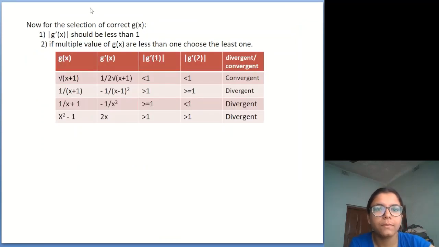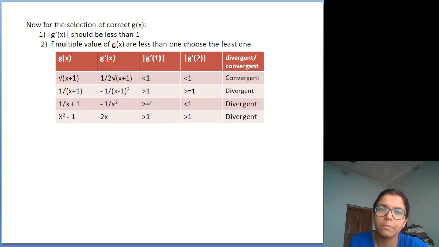Okay, so for the selection of correct g(x), whenever we are talking about fixed point iteration, the derivative of g(x) should always be lesser than 1.